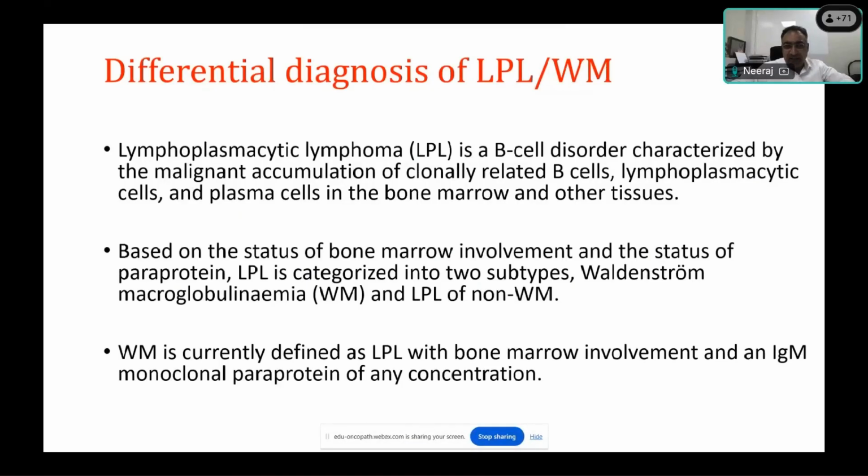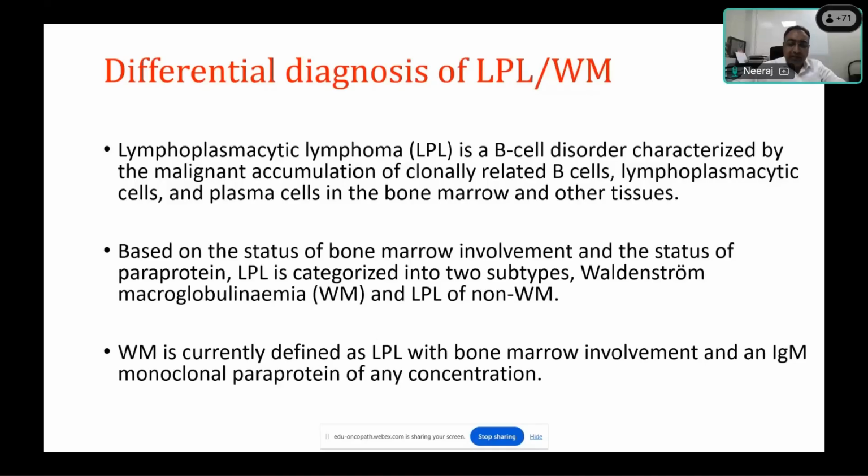Like in this case, you have lymphoplasmacytic involvement and an IgM paraproteinemia, so you are most likely dealing with Waldenström macroglobulinemia, but there could be other LPL of non-Waldenström type. So there are two types of LPL or Waldenström.